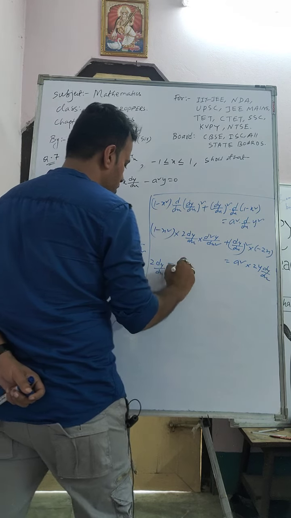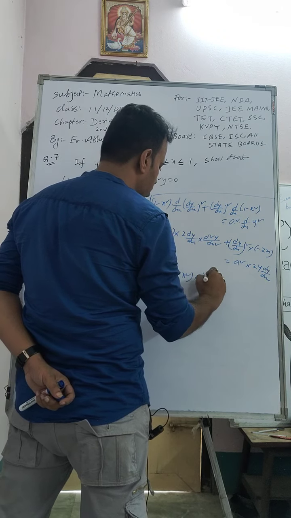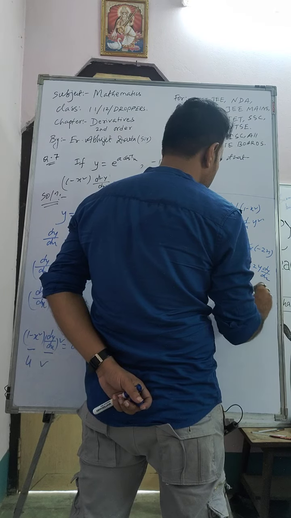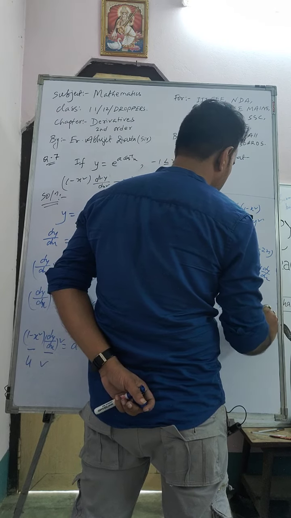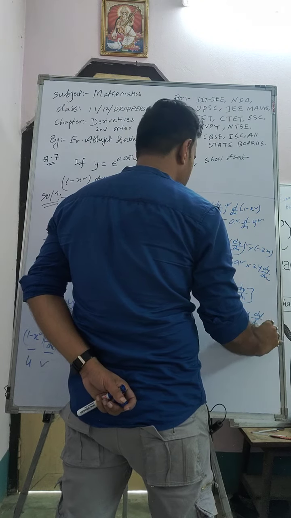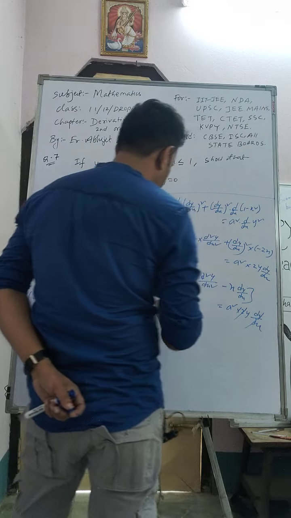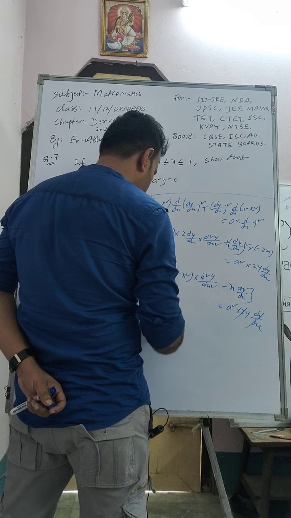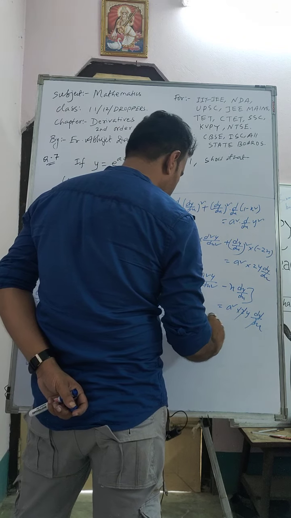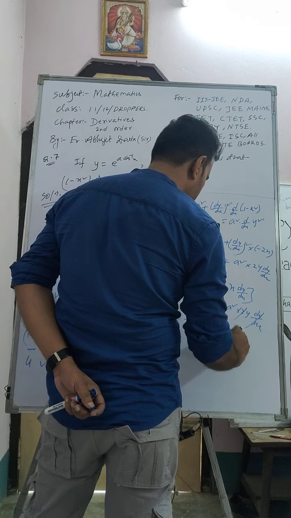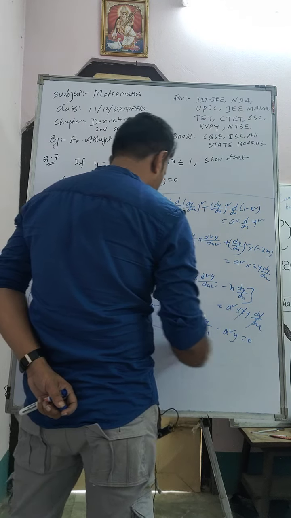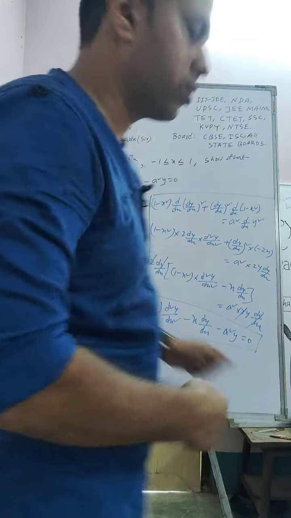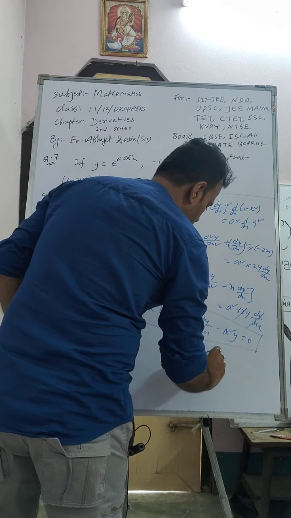Now 2 dy dx will be cancelled out, and what will be left? 1 minus x square d square y dx square minus x dy dx minus a square y equals 0. So this is the correct answer. So this is proved, or we can say shown.